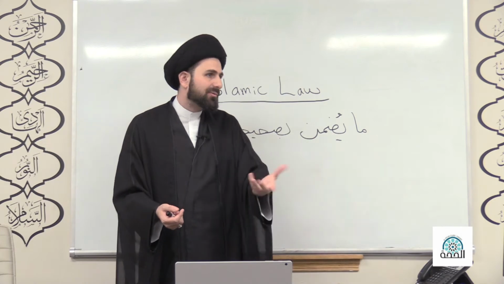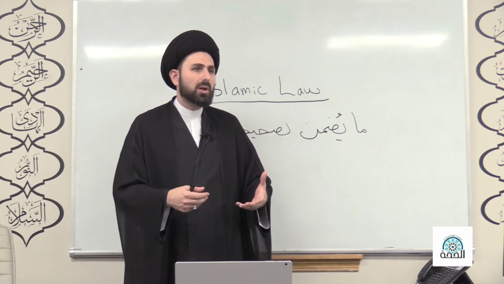And what does fasid mean? It's the opposite of sahih. So if sahih means valid, validity, what does fasid mean? Invalid. Now fasid has a number of meanings in Arabic. One meaning is corrupt. The person who's morally corrupt, we call them fasid. But you can also use the word and refer to natural things. For instance, if the food rots, you can say in Arabic, fasid.